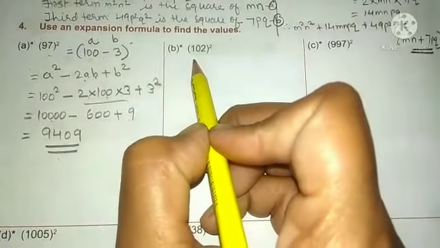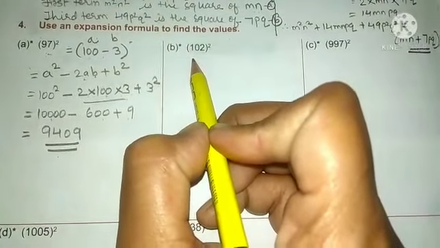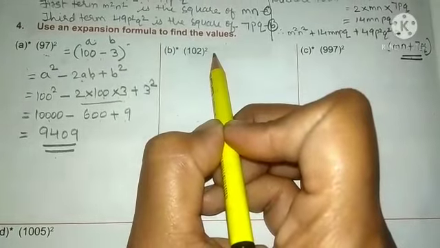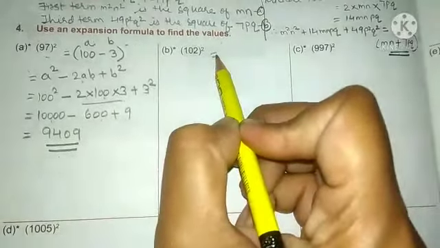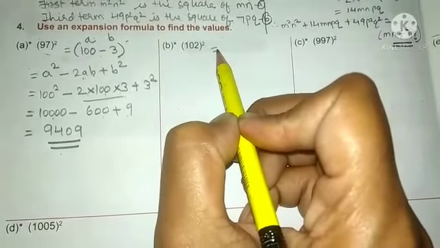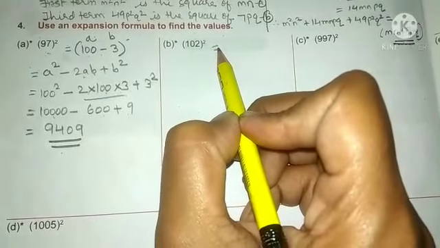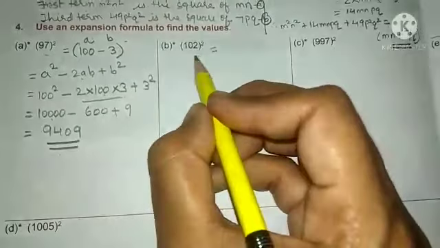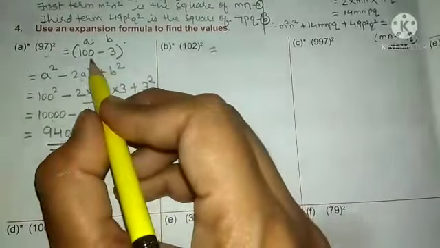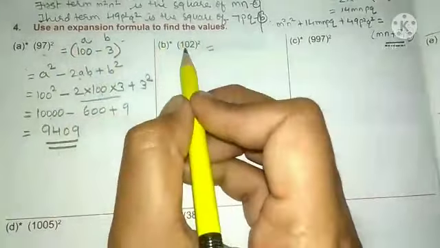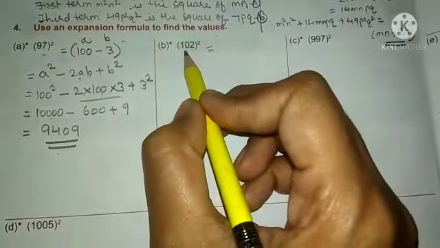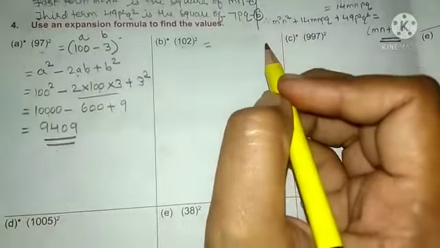See the next one, that is we have to find out the value of 102 square. Now again, for finding the value, what we need? We need our A and B. Clear? We have to find out the value by using the expansion formula. Now students, what you will do over here is, what we have done in question number 1, we had made the number as your round figure. Now from 102, what you have to do is, you have to take out your round figure.